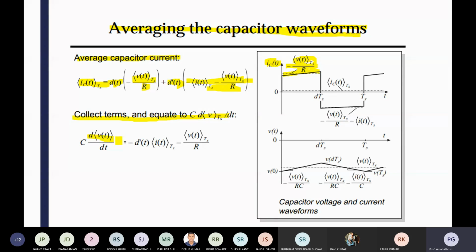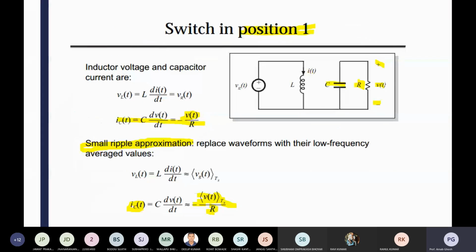You can replace that over there. Similarly the same thing, c dv dt, only the multiplication factor is d dash ts.